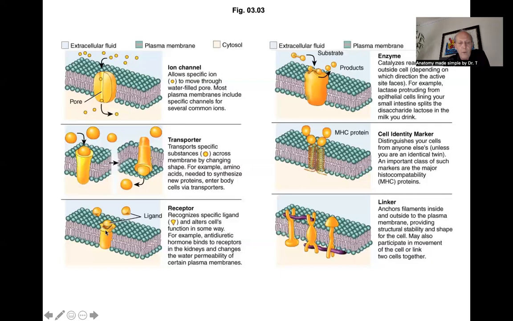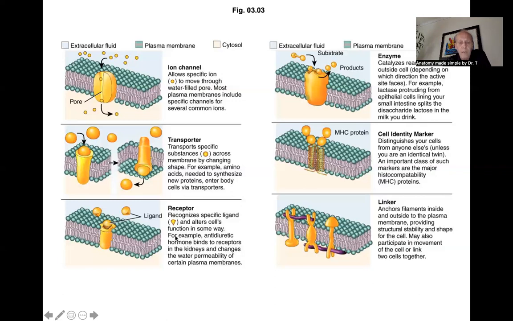And it will be specific to only one type of molecule that can bind to the receptor. That molecule that binds to a specific receptor, we give the generic name ligands. So whatever the ligand is, it cannot bind to just any receptor protein. It has to seek and make connection with specifically created receptors.